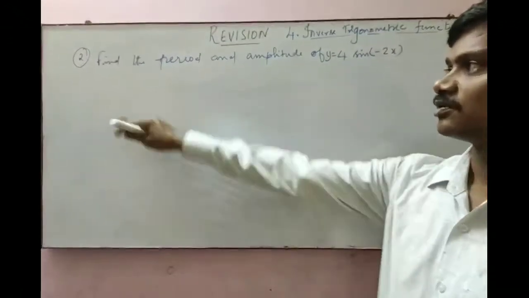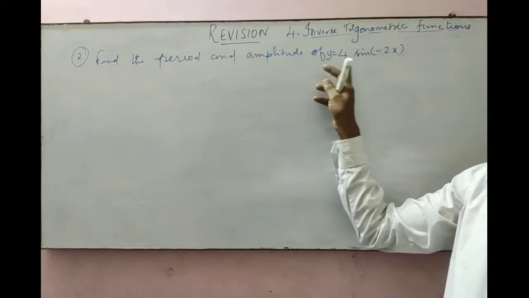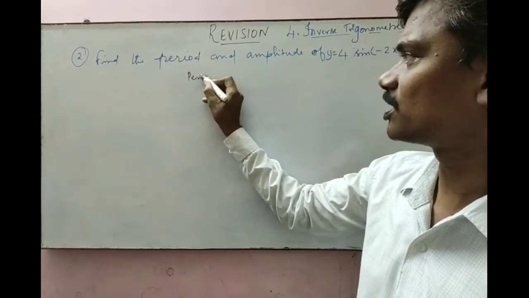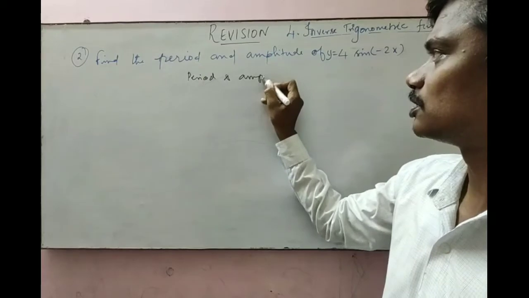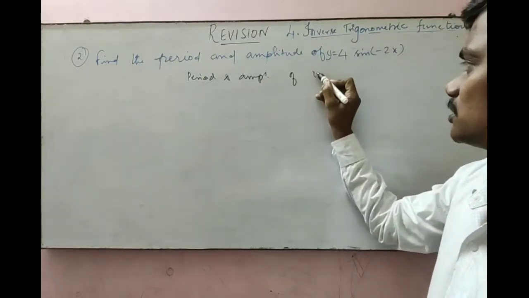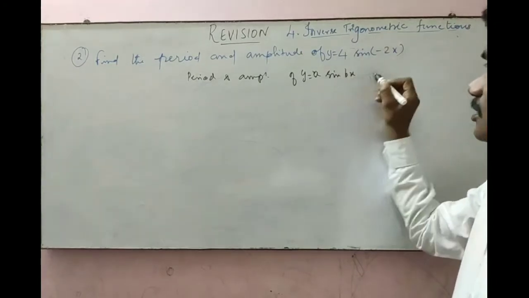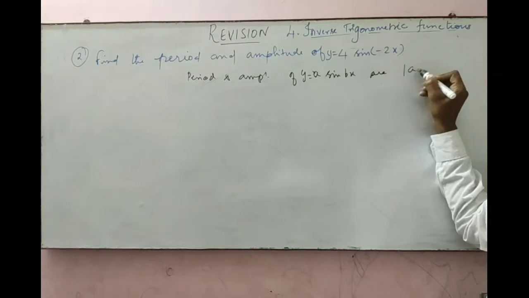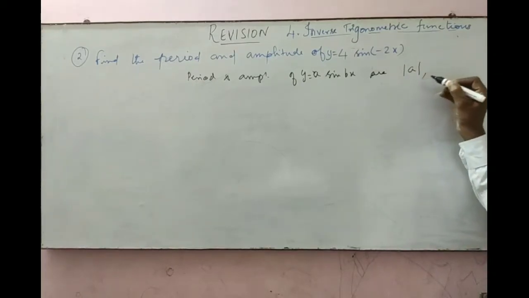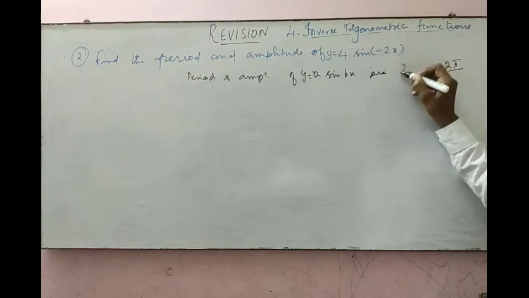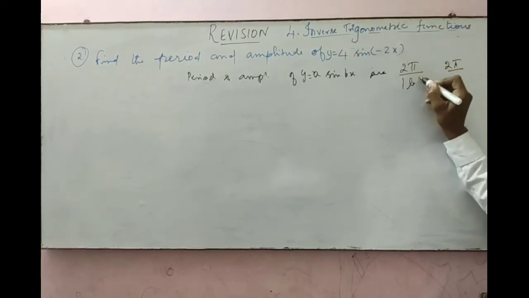Next, in the second sum, find the period and amplitude of y is equal to 4 sine of minus 2x. We know the formula for period and amplitude of y is equal to a sine bx: the amplitude is modulus of a and the period is 2 pi by modulus of b.